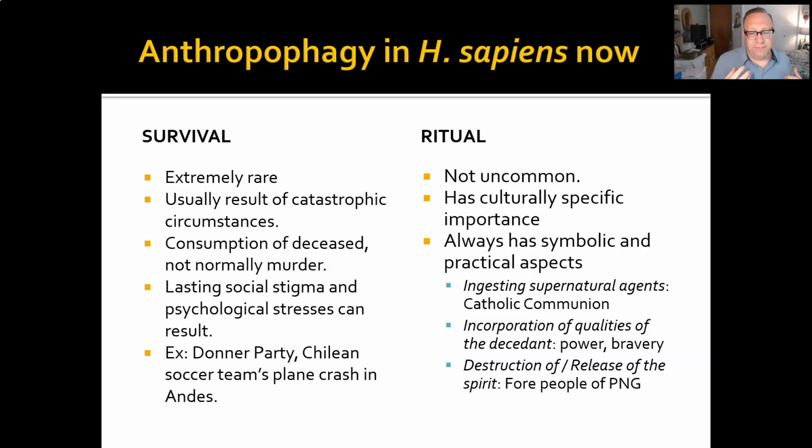It can also be done to incorporate the powers or the qualities of enemies, so that's very rare. More often, when you eat enemies who are defeated in battle, you do it either to prevent their spirit from resting or to prevent their spirit from coming to haunt you and cause problems for you.